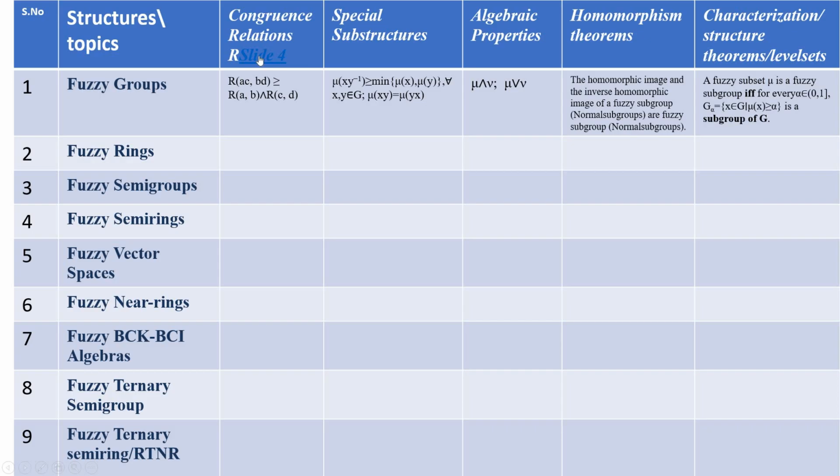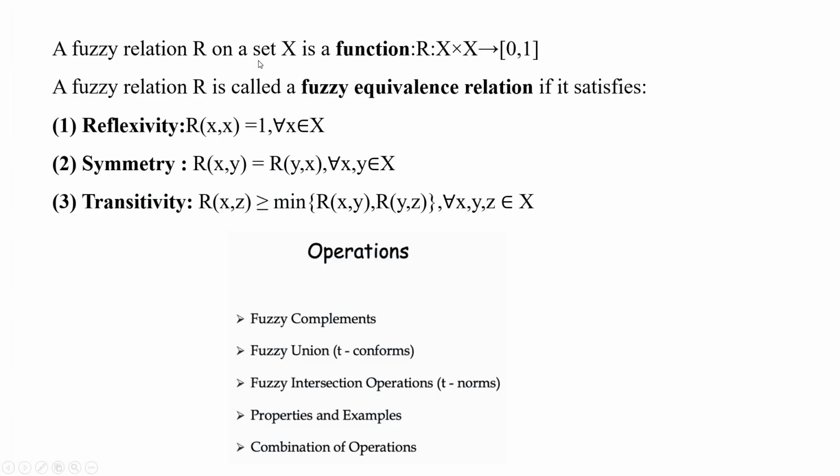outline. So if we consider this relation, a fuzzy relation R on a set X is a function from X cross X to the closed interval [0, 1]. A fuzzy relation is called a fuzzy equivalence relation if it satisfies these conditions.